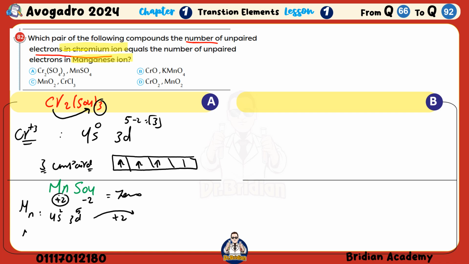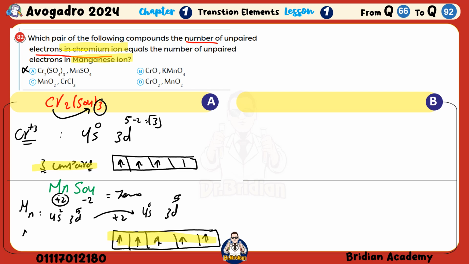When it loses 2 electrons, it will be 4s0, 3d5, drawing the d orbitals and distributing our electrons. You have 5 unpaired electrons, and in the first compound you have 3 unpaired electrons, so they are not equal to each other. So choice A is wrong.